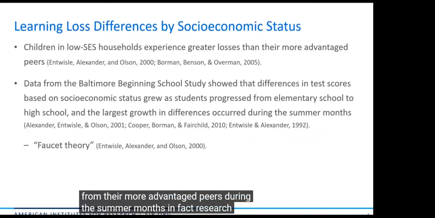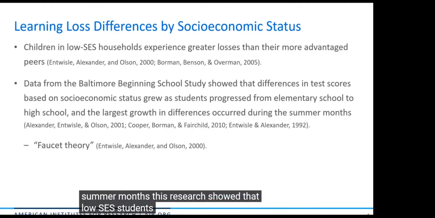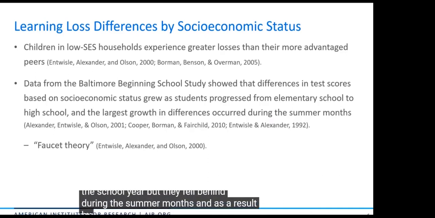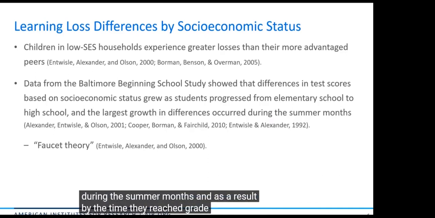In fact, research from Baltimore has shown that differences in test scores between low SES households and middle SES households was driven by learning loss that occurred during the summer months. This research showed that low SES students progressed at a similar rate as their middle SES peers during the school year, but they fell behind during the summer months, and as a result, by the time they reached grade 5, they were 2.5 to 3 years behind their middle SES peers.